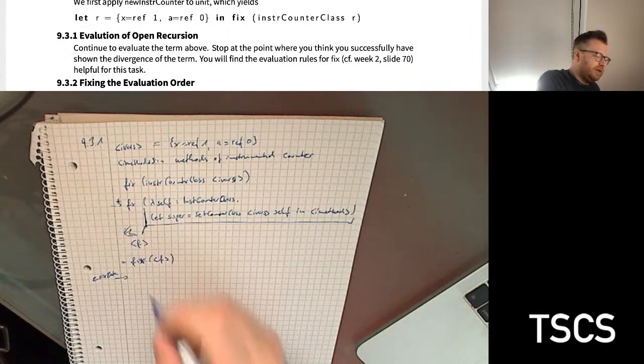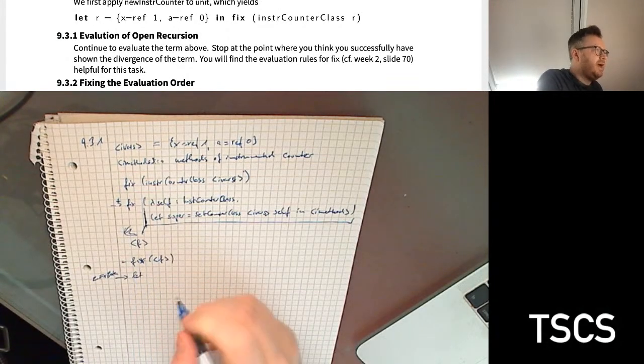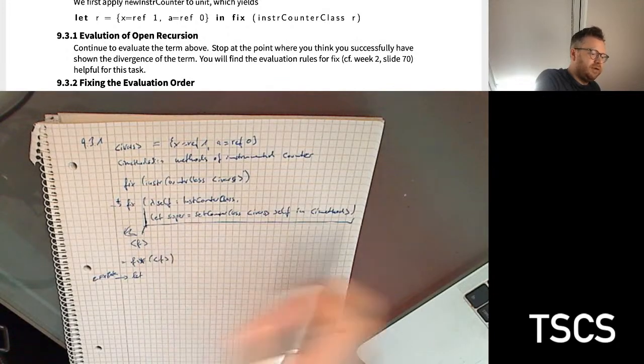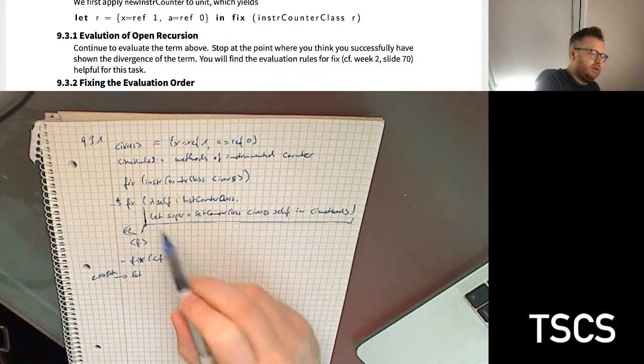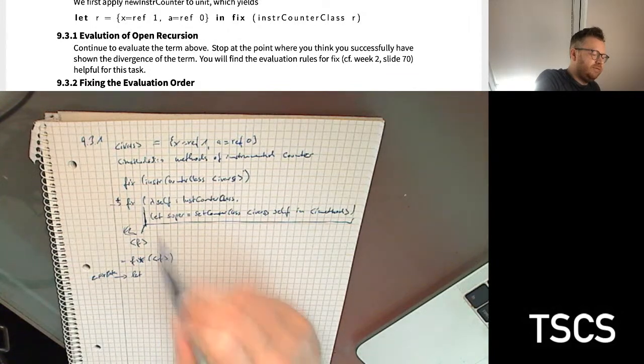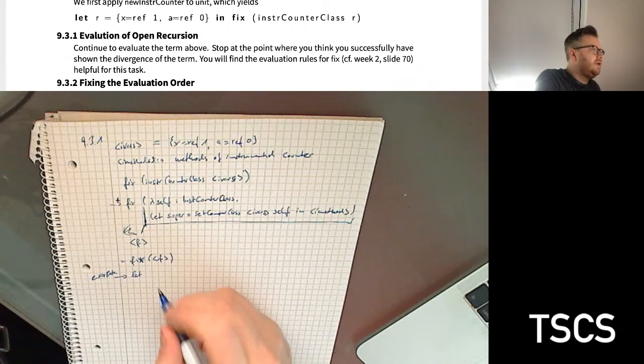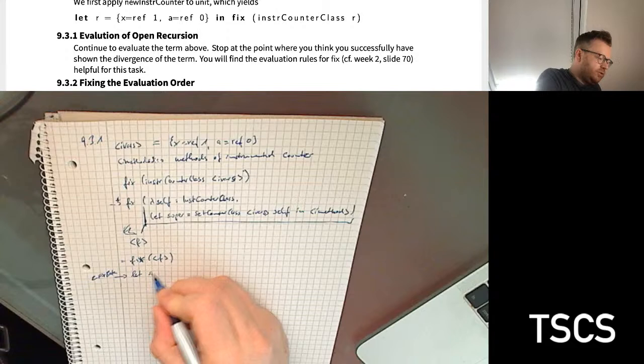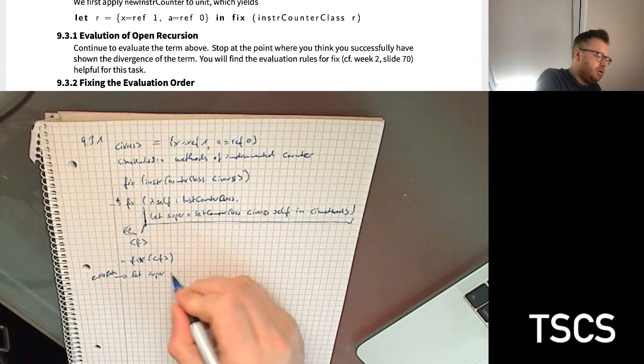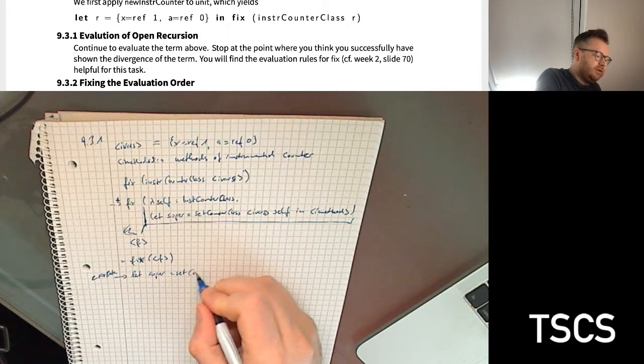So the resulting thing that you would have, because this is kind of the thing you apply then fix with self and so on to this, is then let super equal set counter class.